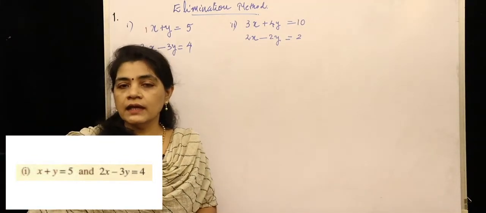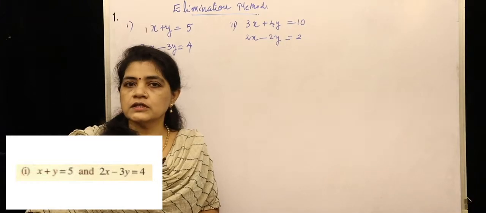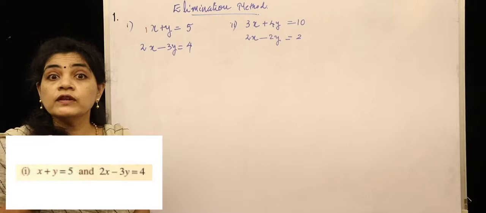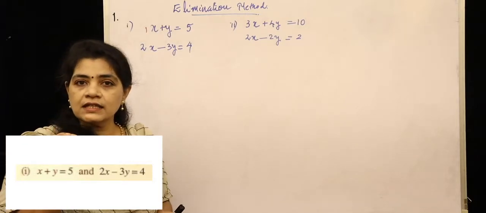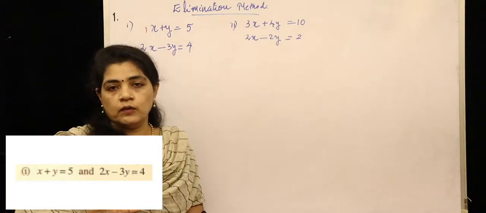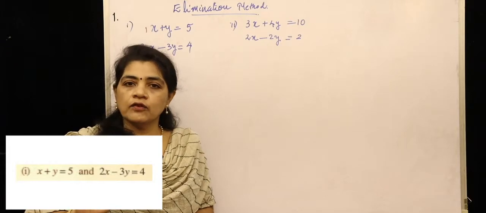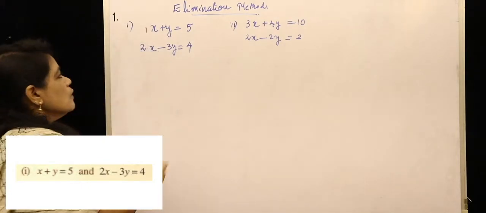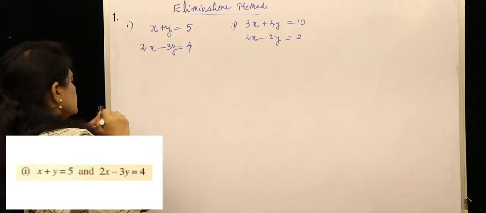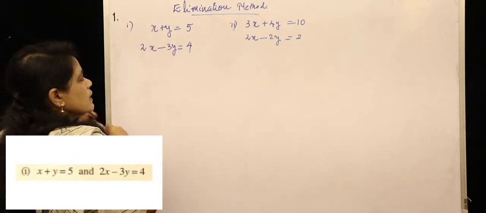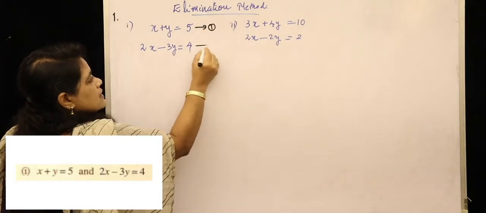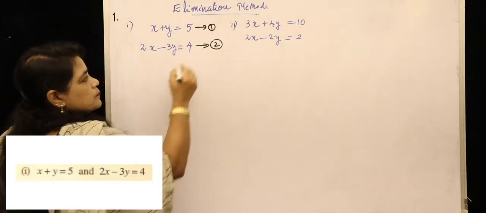Here, the coefficient of x in the first equation being 1, we are going to multiply equation 1 with the coefficient of x in the second equation, and we are not making any change to the second equation. So I am marking the first equation, 2x plus y is equal to 5, as equation number 1, and this as equation number 2.